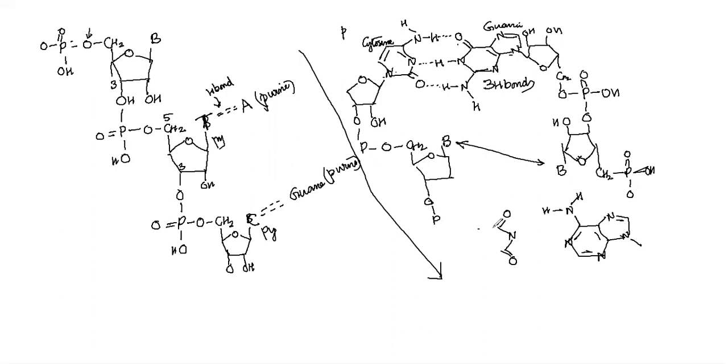This is a pyrimidine structure. Nitrogen here, and a double bond here and a CH3. And here it is bonded to the ribose sugar.